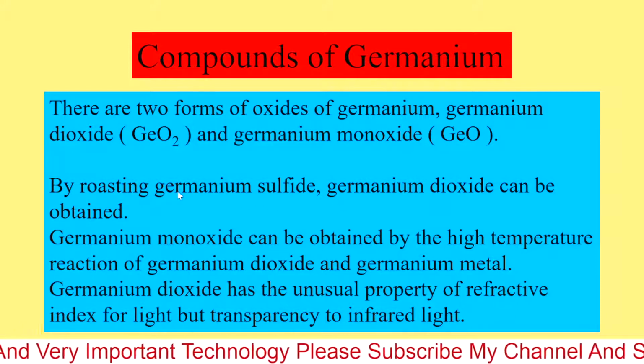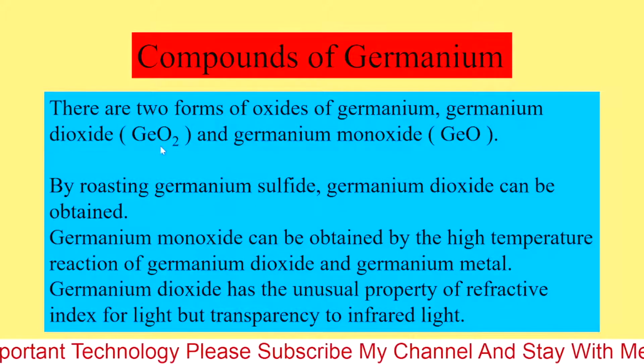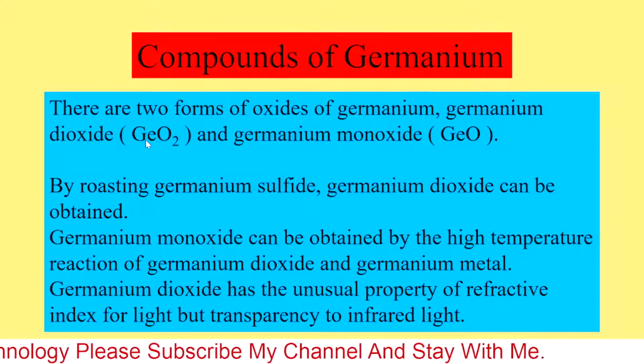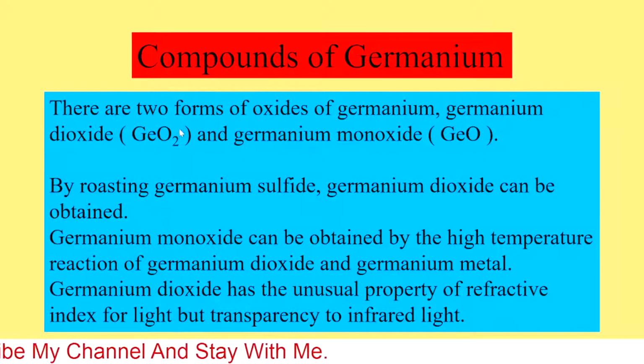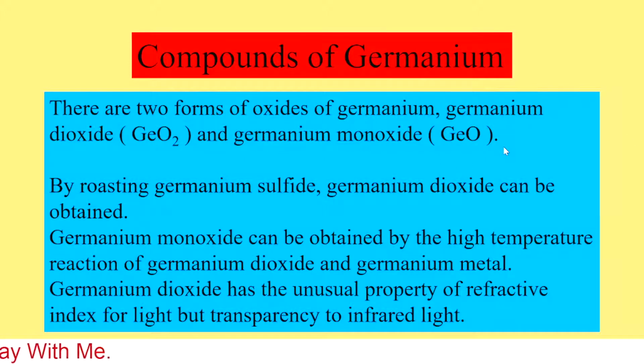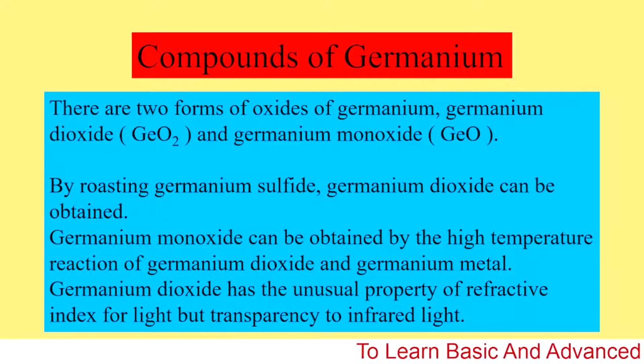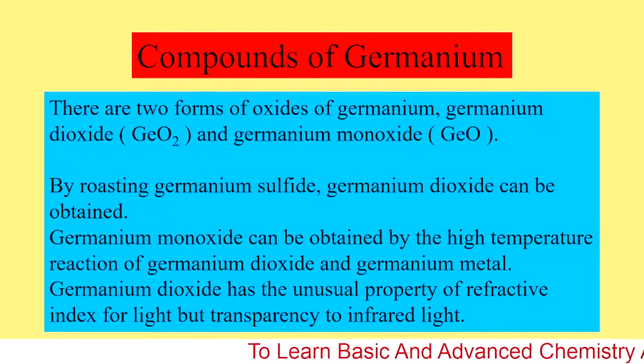Like carbon forms carbon dioxide, here we are getting germanium dioxide. Similarly, how can we get germanium monoxide? You know how we can form carbon monoxide. Carbon monoxide is formed when carbon dioxide reacts with further carbon.